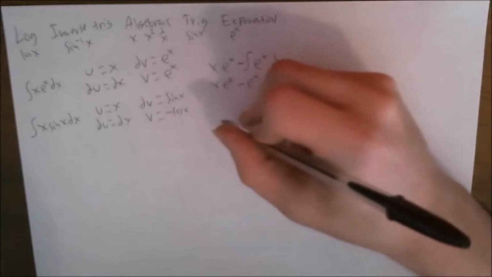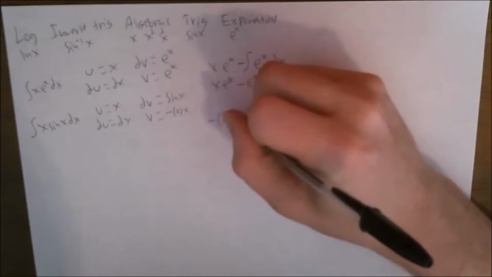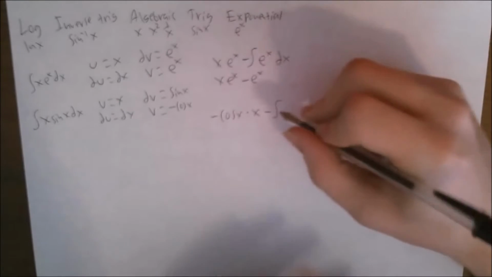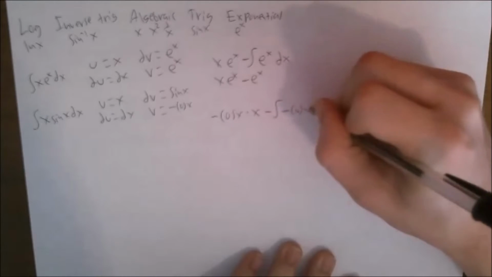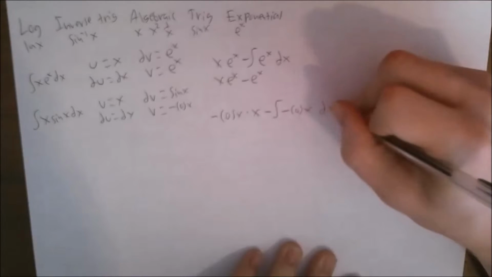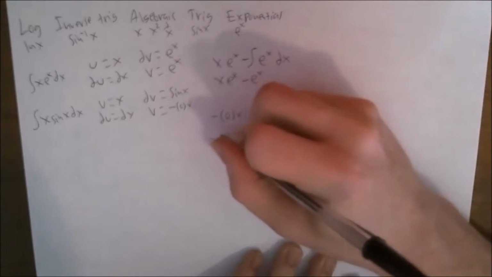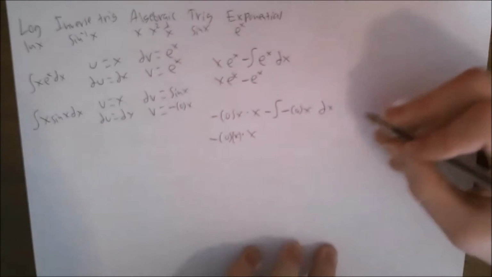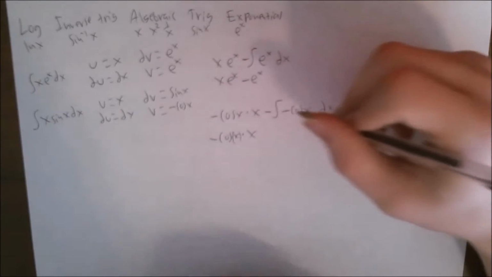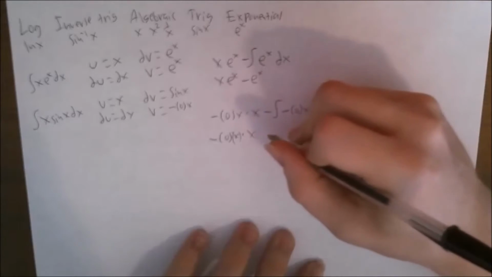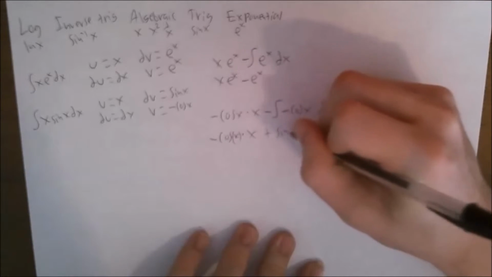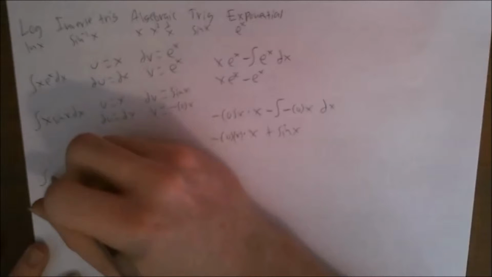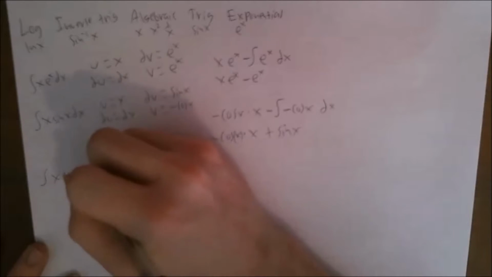So again, you have u v, minus the integral of v du. So now you have negative cosine x times x, and then these negatives cancel out, so then you just have plus sine of x. For a third example, let's say you have x natural log of x.